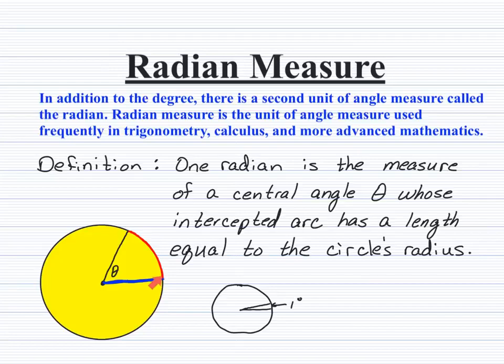Now, if you lay that piece of string along the curve of the circle and measured out that same 5 inches, wherever that stops, if you draw another radius to that point, the angle created right here would have a measure of 1 radian. Now, a radian is an angle measurement, but it is also a length of an arc. So a radian is a length as well as an angle measurement.